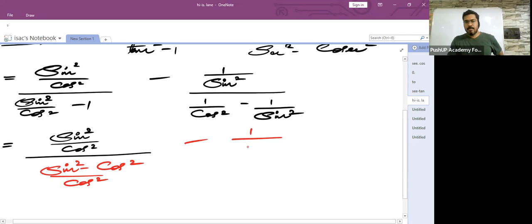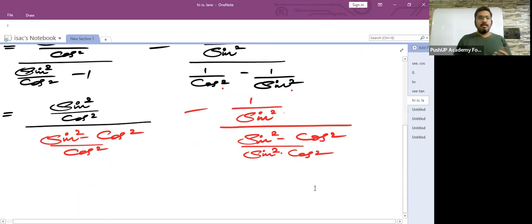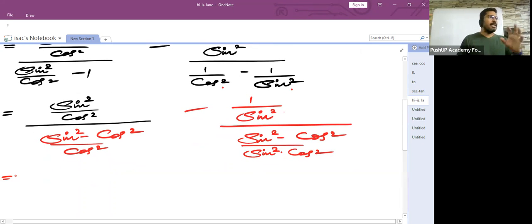Now 1 upon sine square whole divided by, now 1 upon cos square minus 1 upon sine square. What is the LCM? Sine square into cos square, right? Good job. Now apply LCM method. So the numerator will become sine square minus cos square. I'm directly doing it, believing that you people know how to apply LCM method.